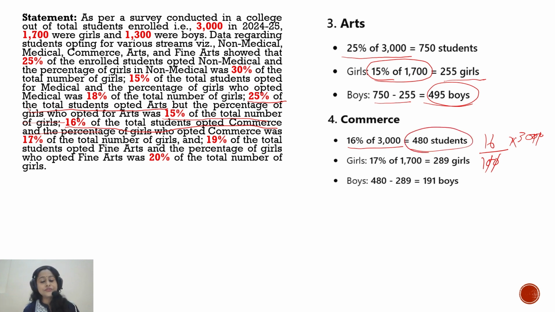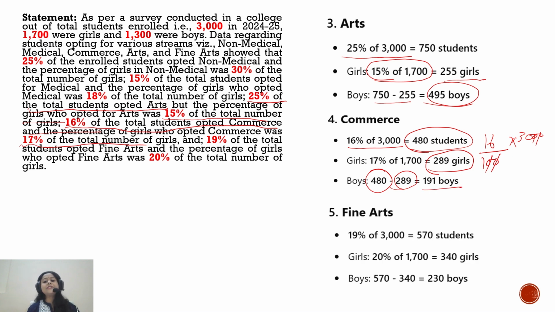Same for girl students: 17% of total girl students opted for commerce, and it will give you 289 as the absolute value. If you subtract girls from the total number of students, it will give you the number of boys opted for commerce. Same we have done for fine arts.